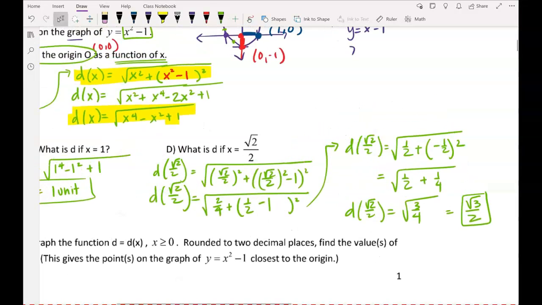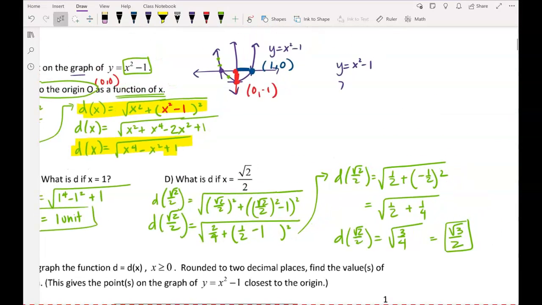So if we pick a point, as you know already, radical 2 over 2 is less than 1. So this is what it's saying. If I pick a point when x is less than 1, let's say this is your dot at radical 2 over 2, what is that distance right there?